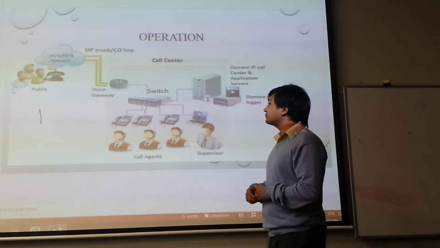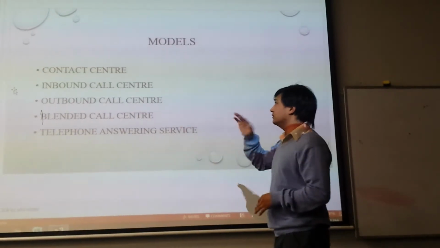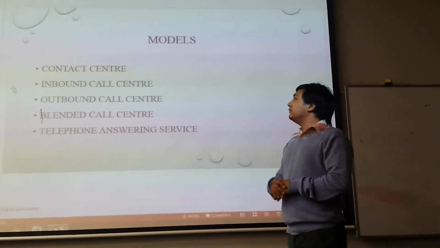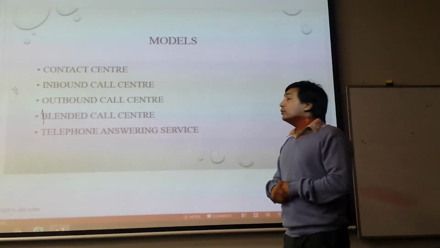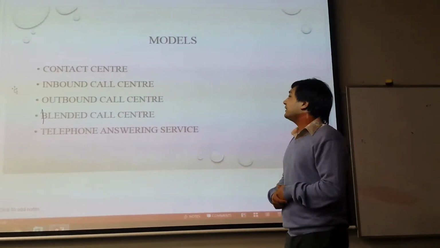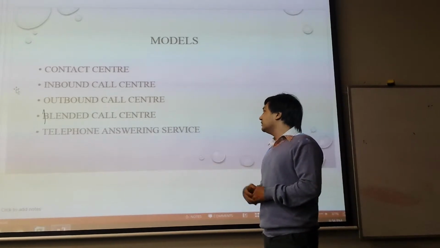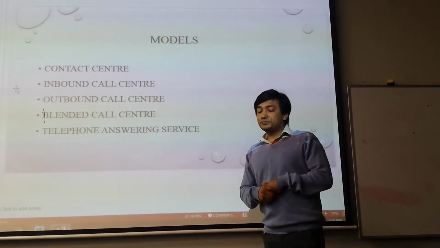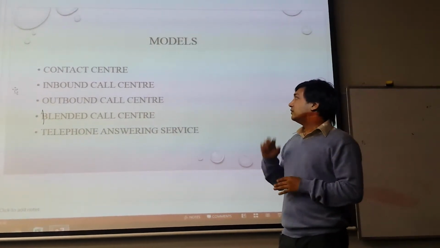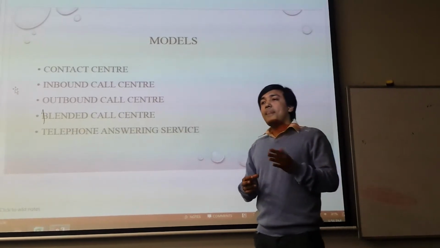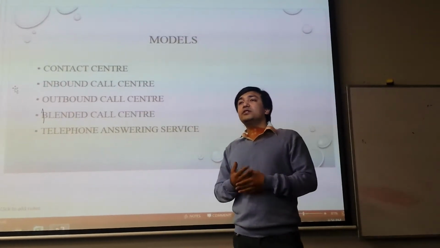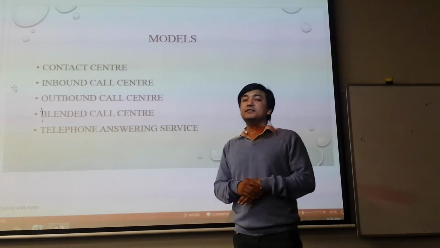So now let's go through its various models. Call centers have these five normal models, which include contact center, inbound call center, outbound call center, blended call center, and telephone answering service. This call center concept starts with the contact center, which includes providing services through emails and chats.